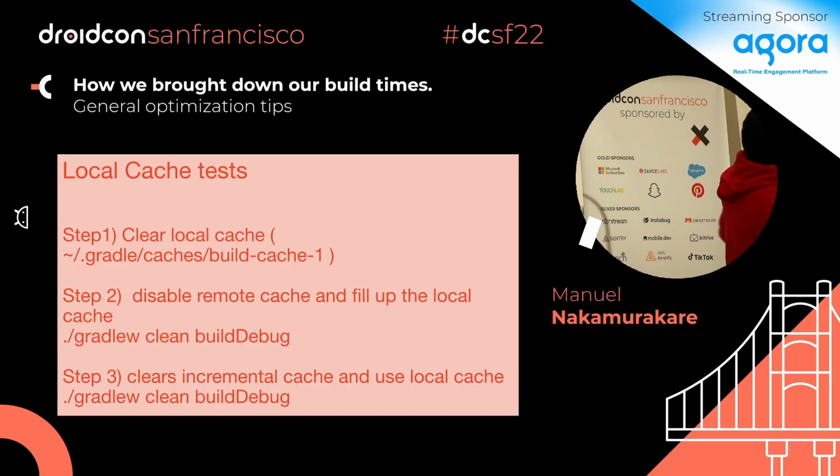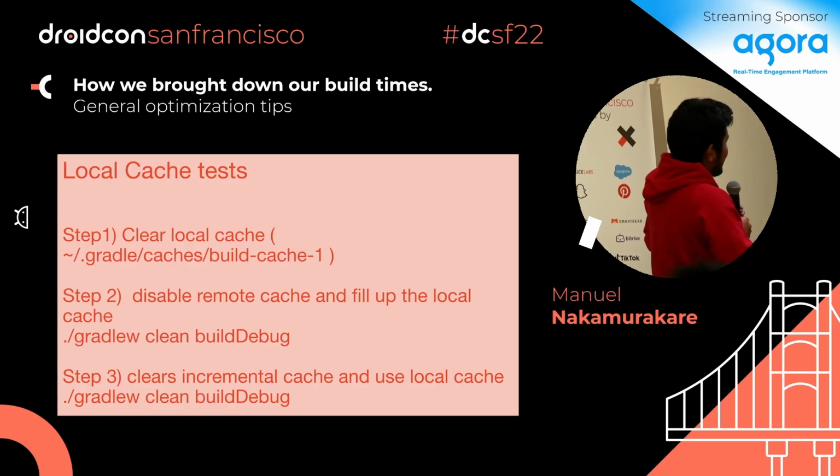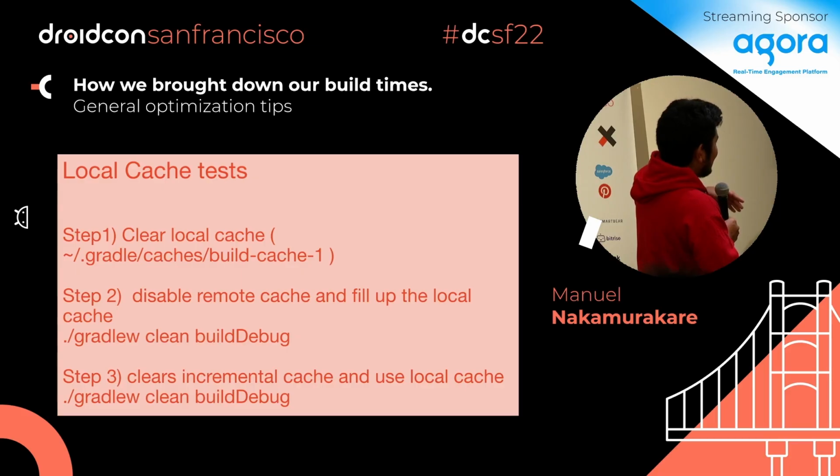In order to fill up the local cache, you can just do a clean build. And the third one is, now that the local cache has been filled up in step 2, you can do another build, but making sure that the incremental cache is busted again, so that you can make sure that you're testing the local cache.